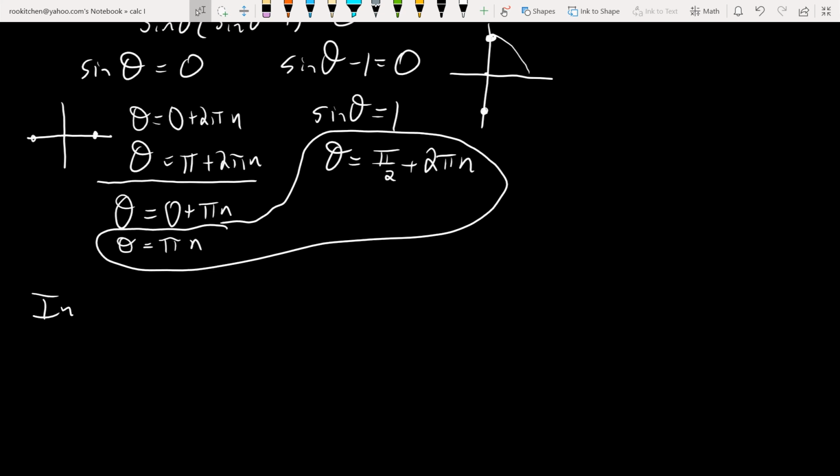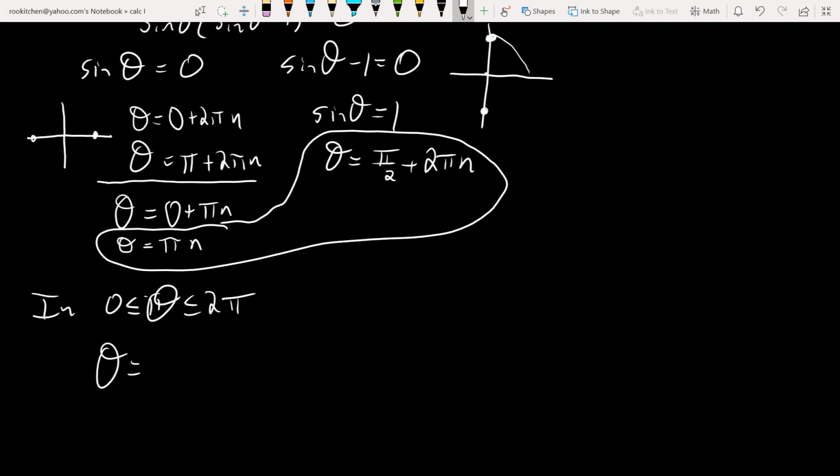If they just want the answers in the interval from 0 to 2 pi, then you just use these formulas to get all of those. So theta will equal n times pi.